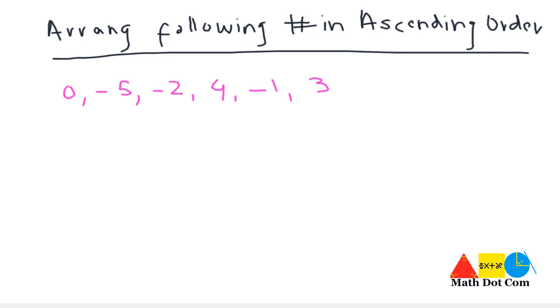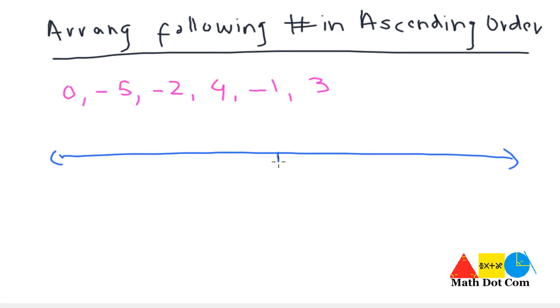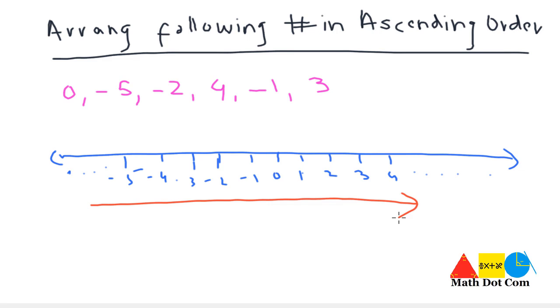Okay, let's draw the number line. It's up to 5, so 0, 1, 2, 3, 4, -1, -2, -3, -4 and -5, and so on. Okay, so in ascending order, we have to move from left to right. On the left, which is the smallest? It means we have to write -5 first.